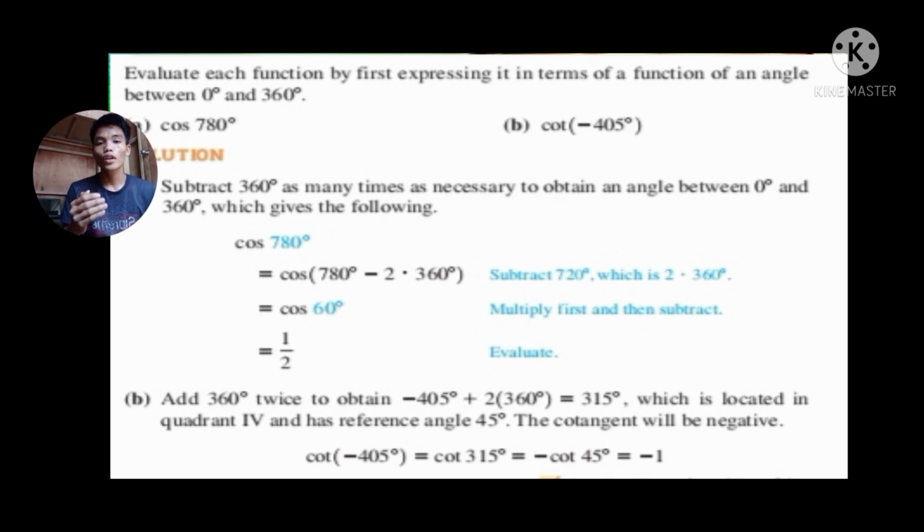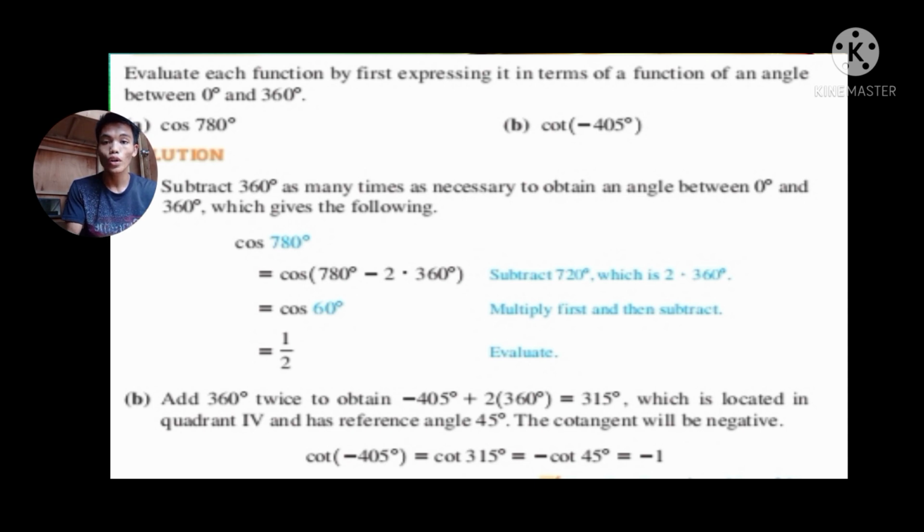We are going to find the solution for cotangent negative 405 degrees. What we are going to do first is add 360 degrees twice to obtain negative 405 degrees plus 2 times 360 degrees equals 315 degrees. Why do we need to add 360 degrees twice? Because we aim to find the positive angle coterminal with negative 405 degrees to find the reference angle, which is located in quadrant 4 and has a reference angle of 45 degrees.